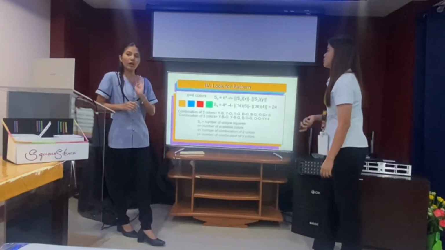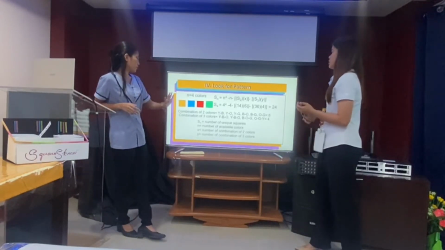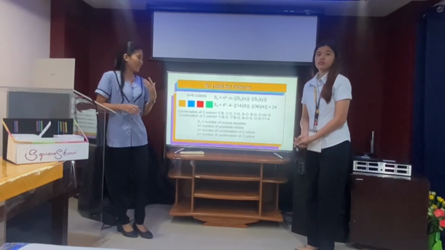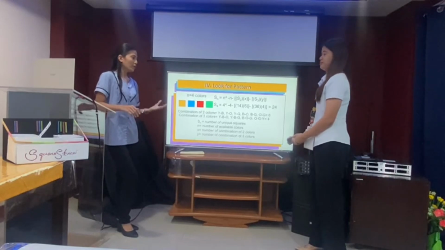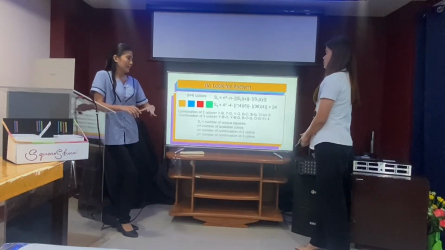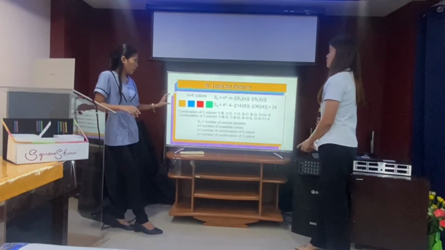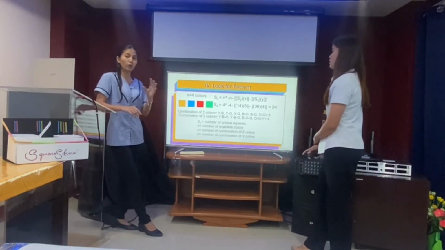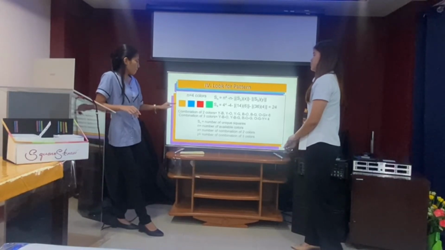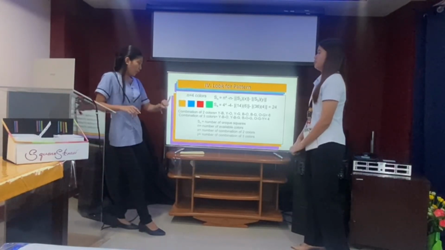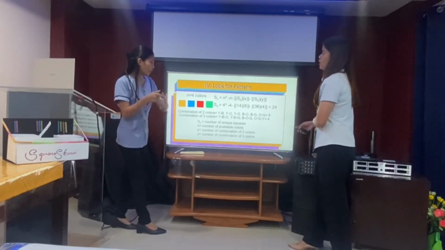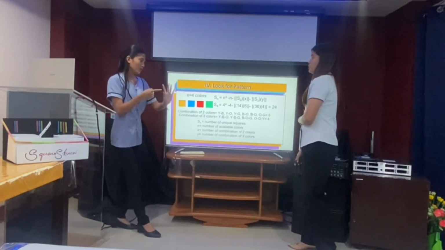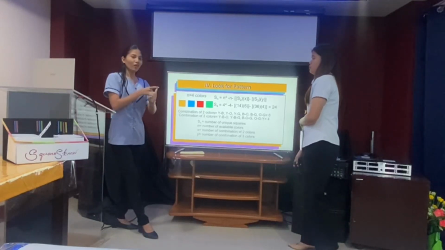While if we have 4 colors, the formula will be S of n is equal to n raised to 4 minus n minus S of 2 times x minus S of 3 times y. The x is the number of combinations of 2 colors. So we will have yellow, blue; yellow, orange; yellow, green; blue, orange; blue, green; and orange, green.